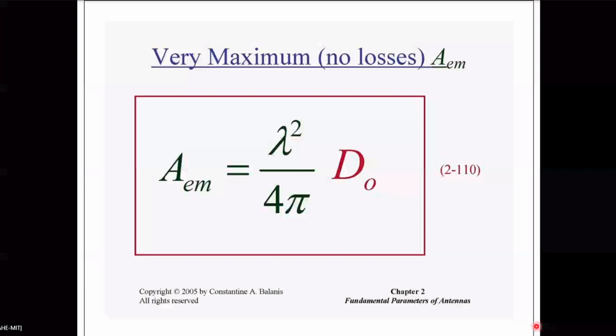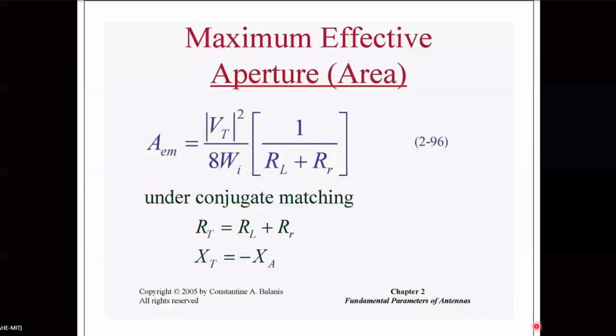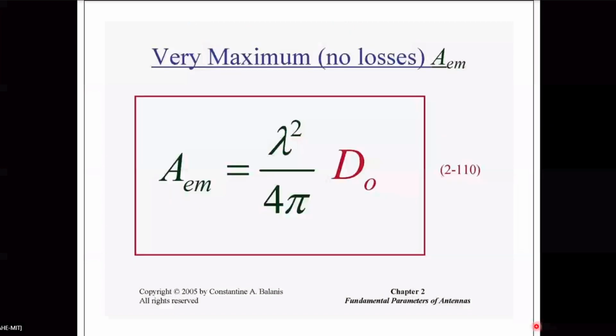AEM is equal to lambda square. Now there is a relation between maximum effective aperture and directivity. AEM is equal to lambda square by 4 pi times D naught.